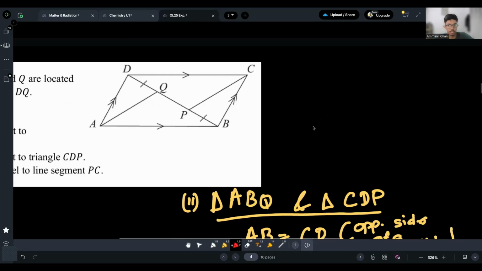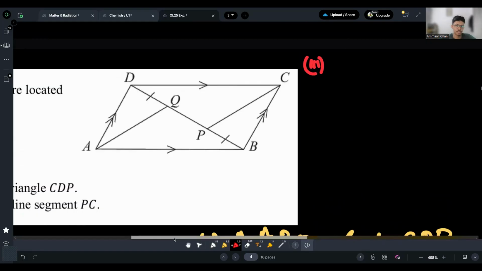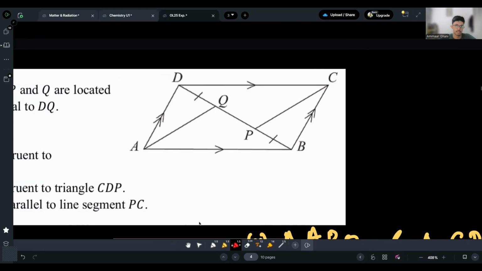Let me prove it on this side by erasing this, so I don't have to scroll every time. So part 3, we have already proven the congruency for these two triangles. So using corresponding elements of congruent triangles, we can tell that this angle is equal to this angle. So therefore, alternate angles are equal. So this line becomes parallel easily.